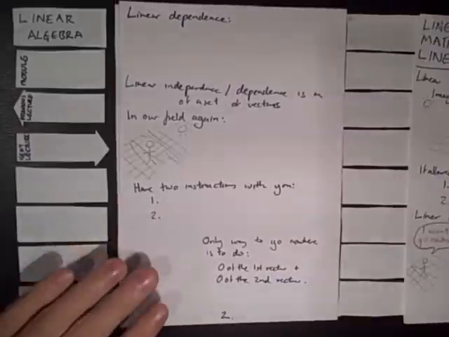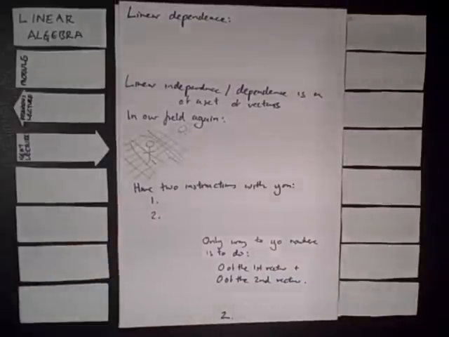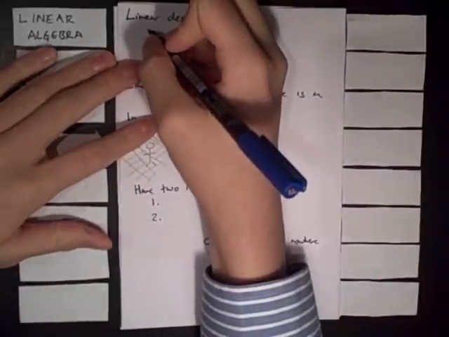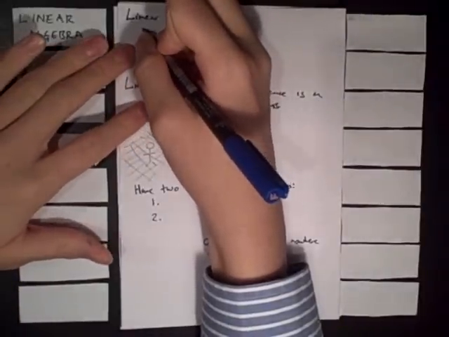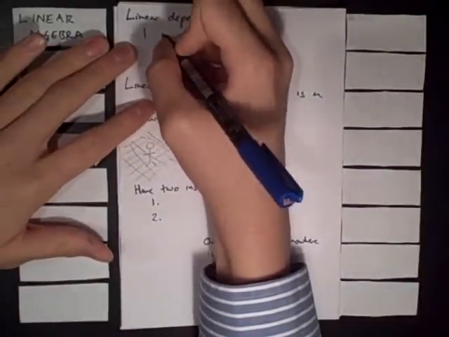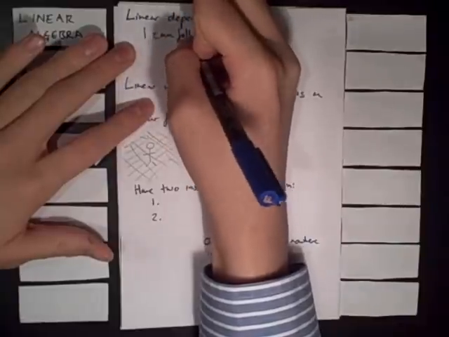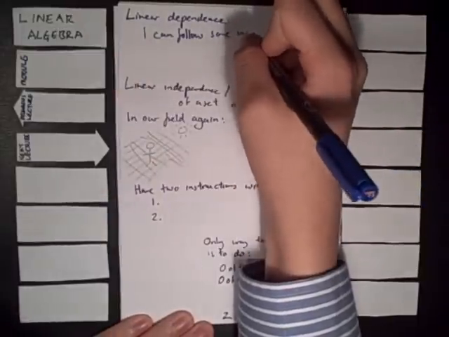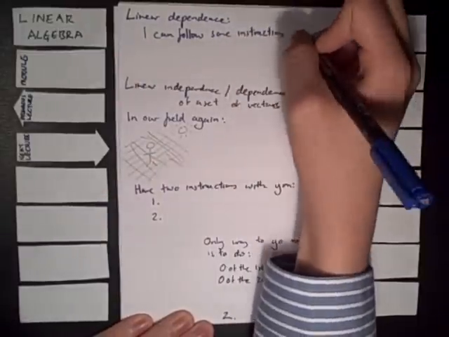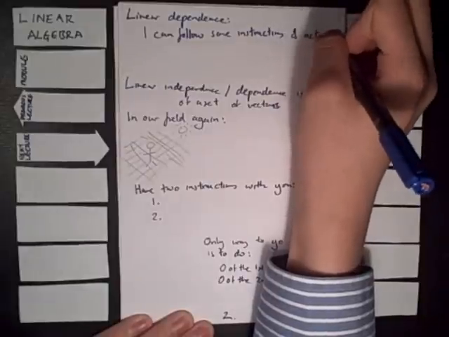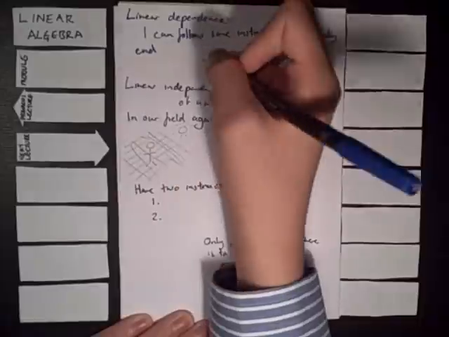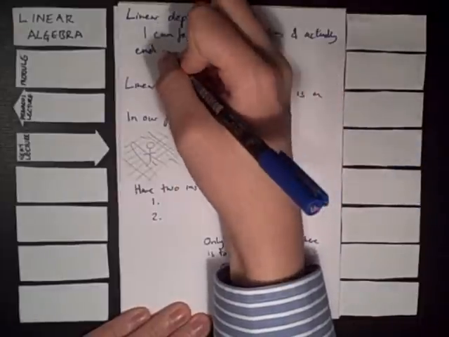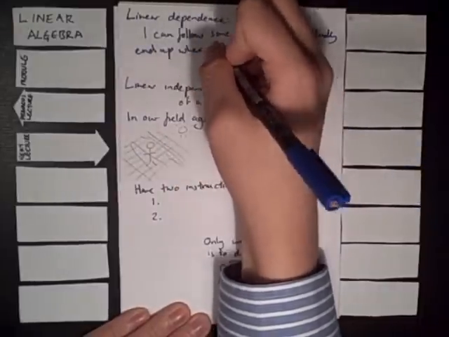Even if that doesn't quite resonate yet, let's look at the converse, linear dependence. Linear dependence says the opposite. It says that I can follow some instructions and actually end up where I started.